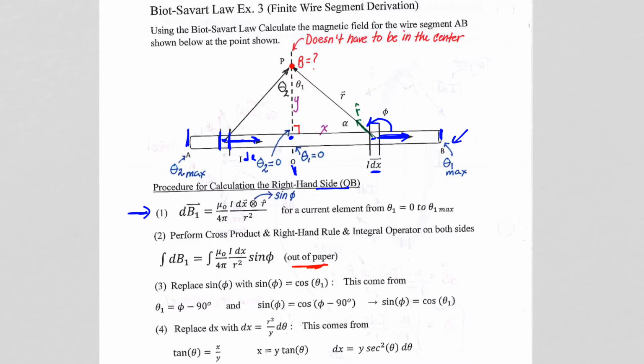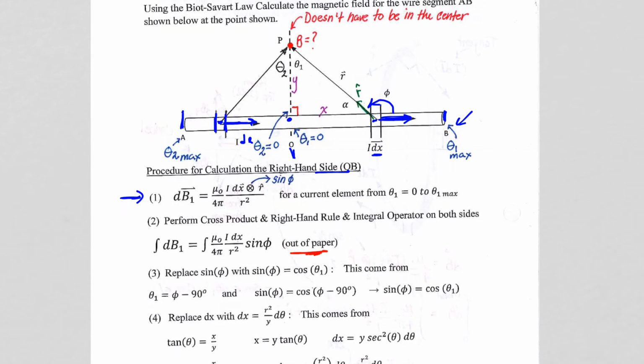Well, the IDL cross R hat. Well, the cross product is the sine of the angle between the two vectors drawn from a common origin. And notice that angle phi is going to be changing as we do our integration from right underneath the wire till the end of the wire B. So that has to stay in the integral.